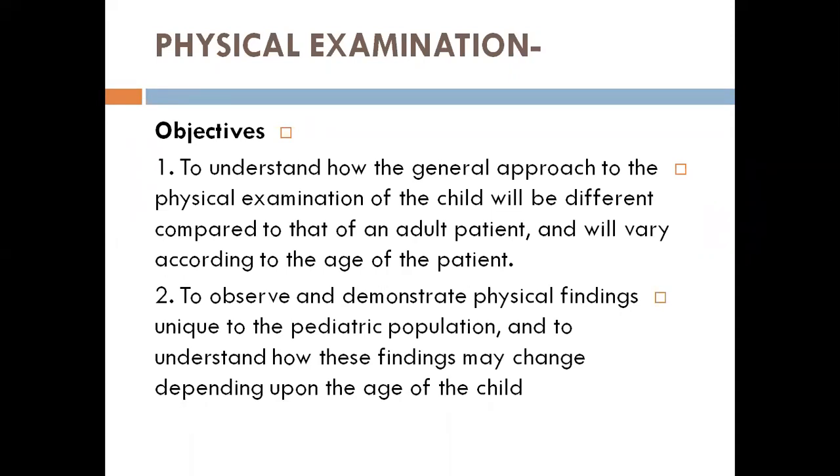Because in pediatric age group, we have different groups. We have neonates group, we have the infant, we have the toddlers, we have the preschool and the school and adolescents. Second, to observe and demonstrate the physical findings unique to the pediatric population and to understand how these findings may change depending upon the age of the child.